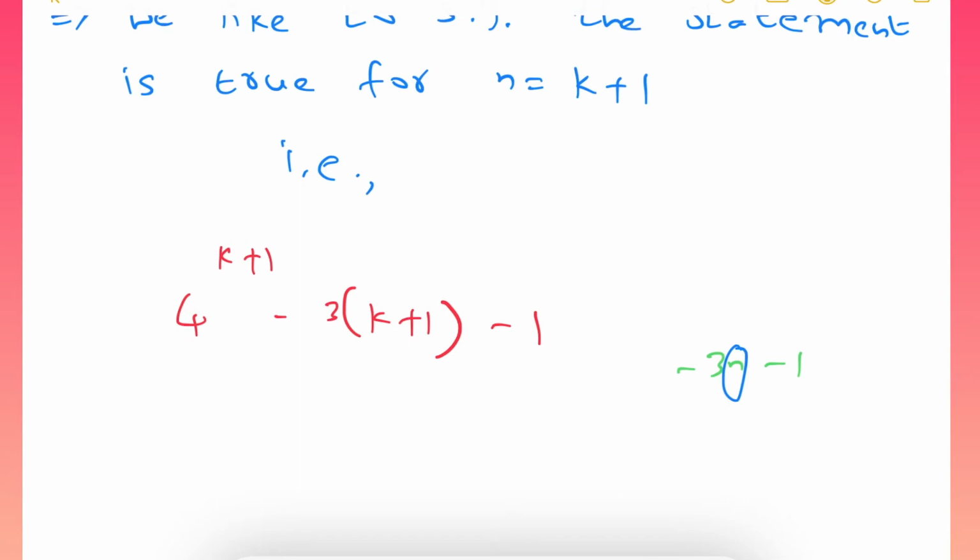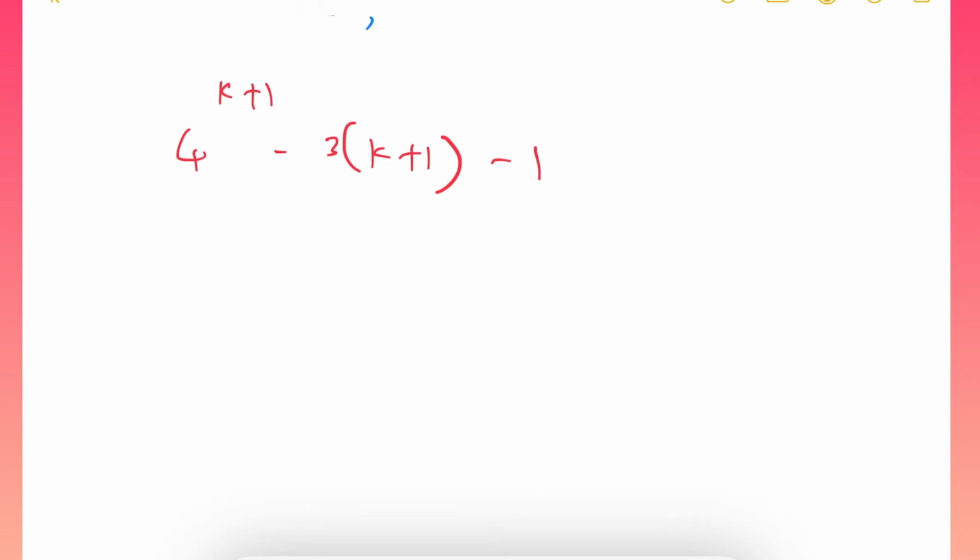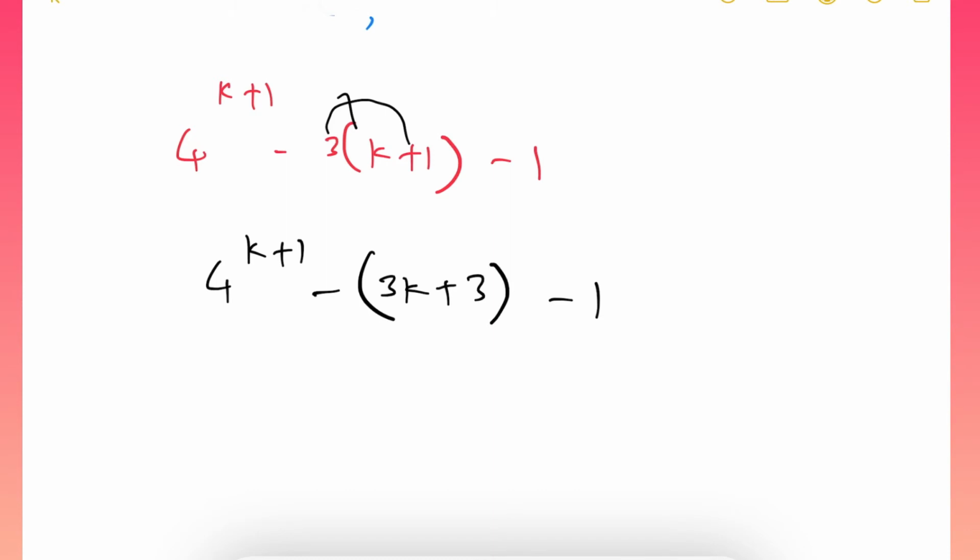I don't have any work with this now, so let us simplify this further. 4 power k plus 1 we cannot simplify further, so as it is, minus 3 into k, 3k, plus 3 into 1, 3, minus 1 as it is.